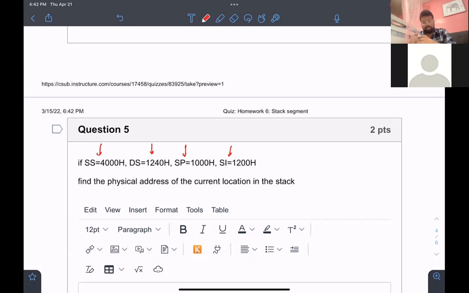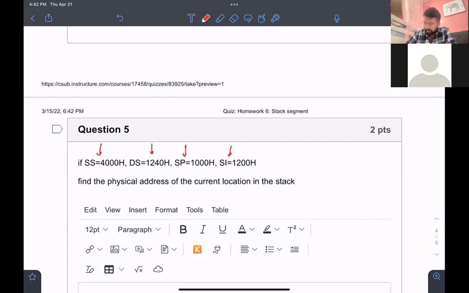A data segment is a big chunk of memory that stores all the data and the variables. A stack pointer is a register that points into the stack segment so that we know where a specific thing is located in the stack. And a source index is a pointer that points into the data segment to tell where the data is.